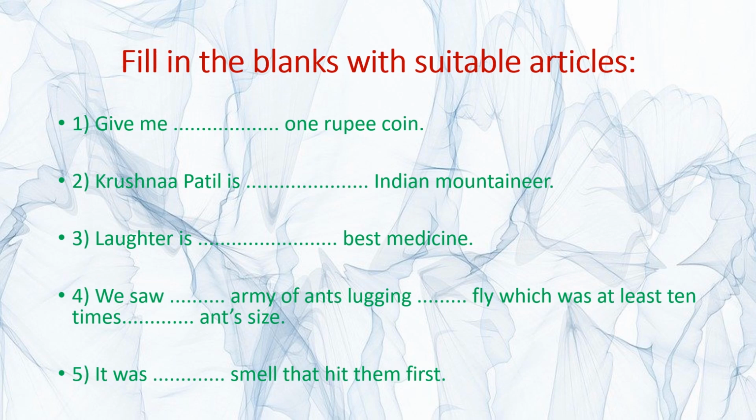The next question is, fill in the blanks with suitable articles. Now, students, we have also done this topic of articles, right? And exercises were given. So once again, you have written them in your grammar notebooks. So those questions also you can practice, right?